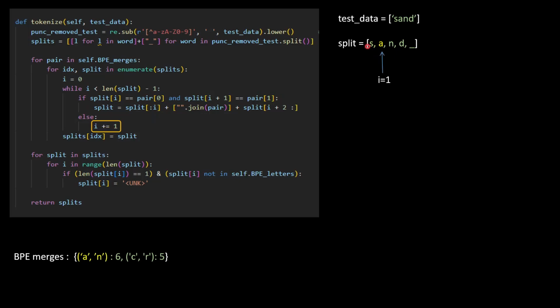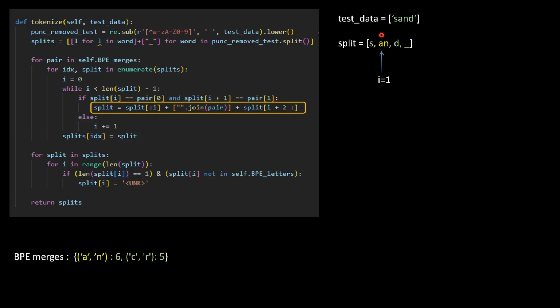Now as i is 1, we are going to do the same thing: take the i plus 1th letter, create a consecutive pair, and check whether it is the same as the current merge rule, and it is the same, right? So we are going to do a merge on it. So voila, it's merged now.